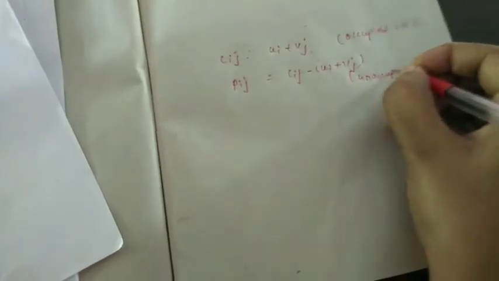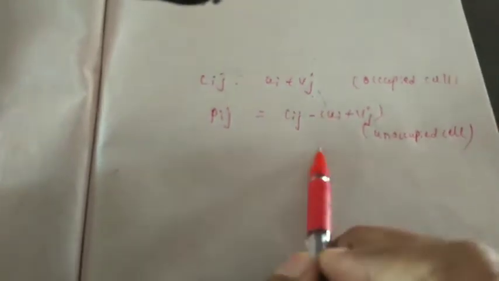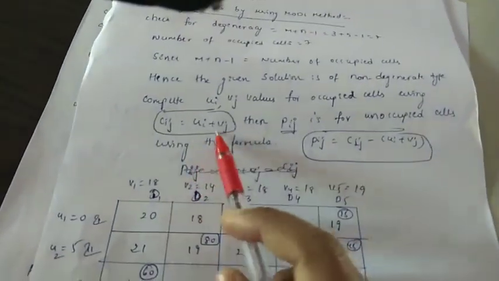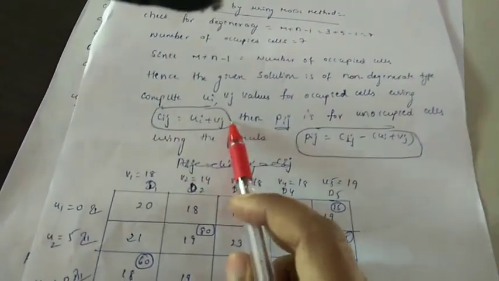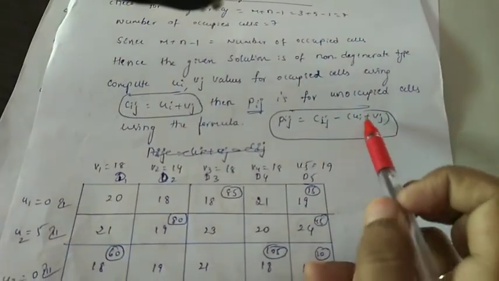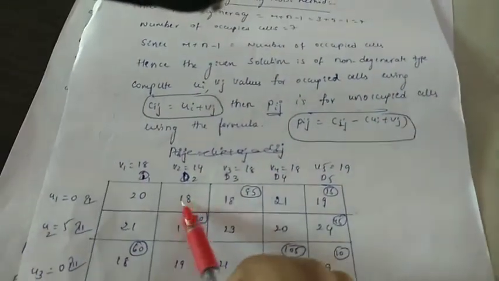So Cij equal to ui plus vj is for occupied cells, and Pij equal to Cij minus (ui plus vj) is for unoccupied cells.